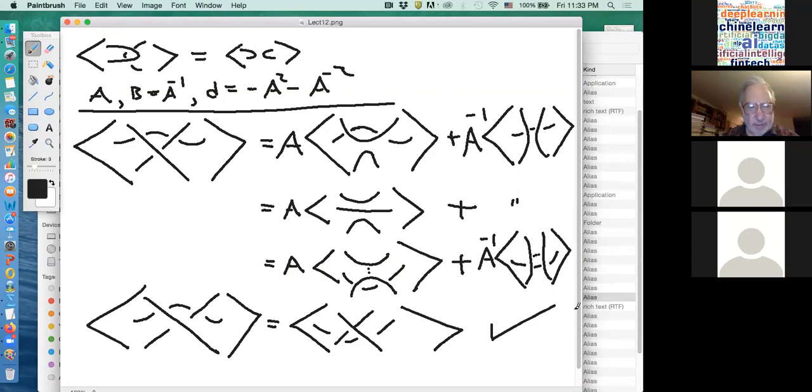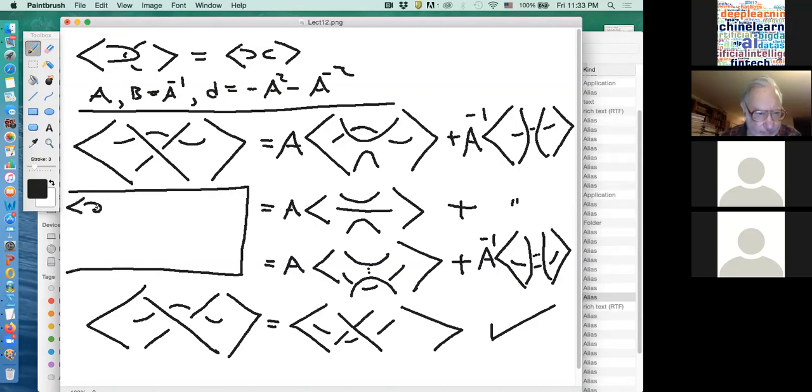And what about the first Reidemeister move? Well, let's do it in a little box right here. And what does that simplify to?